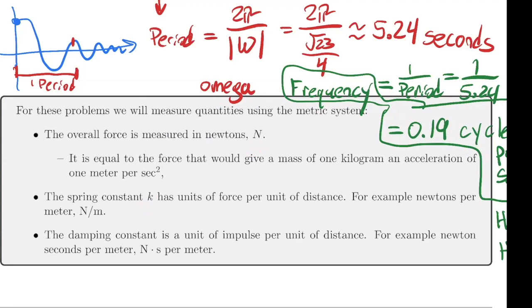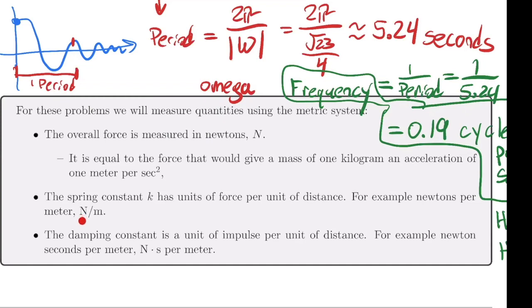And so this spring constant K is really telling you how much force you need to put on this mass in order to move it 1 meter. So it has units of newtons per meter. Every time you need to move this spring 1 meter, this is how much force you need to put on it.